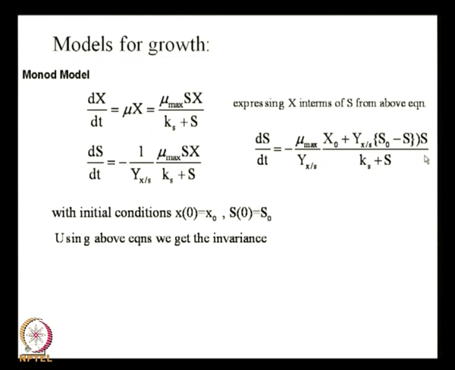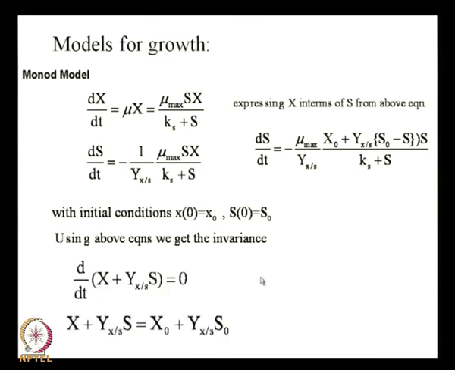Here on the page, we did this, and the initial conditions are x equals x naught at t equals 0 and s equals s naught. Now, we have converted this into an equation in s alone, and we can integrate it as we said. This is the invariance, and we walked through all of this, so I can skip that.